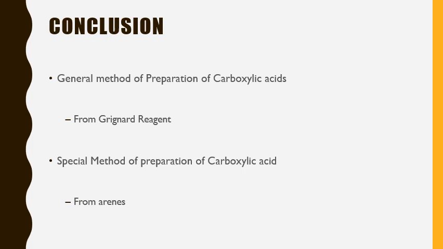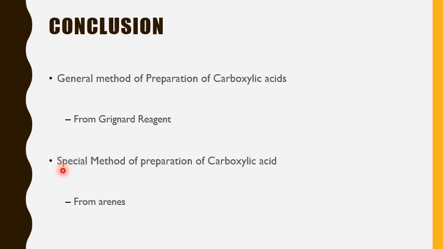But in today's class we have seen a new general method, which can be used for the preparation of aromatic as well as aliphatic carboxylic acids, that is using Grignard reagent. The formula for Grignard reagent is represented as RMgX. R can be an aliphatic group or aromatic group, and X is a halogen.